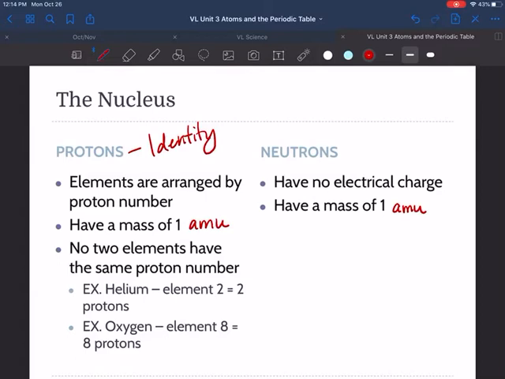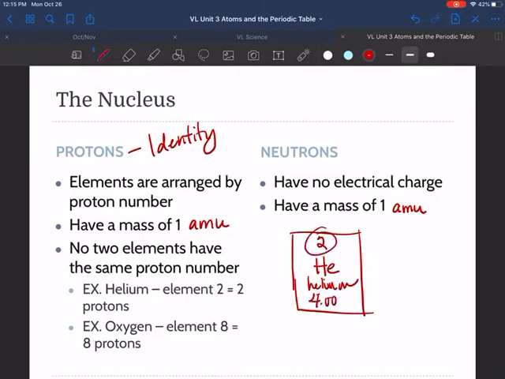So let's do a quick example here. If I draw helium, and it's element number 2, his symbol is He, and I can write his name down here, and I put his atomic mass at 4, we know that those protons each have a mass of 1.